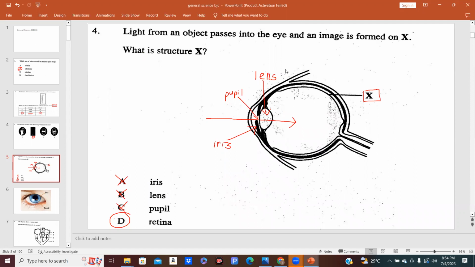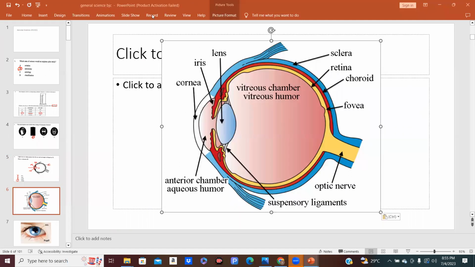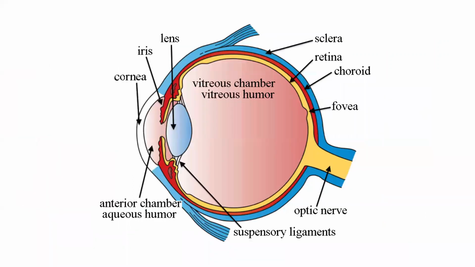By the way, if we were to do a diagram of the eye, this is how the eye would look if we were to cut it. Like I was saying, this part is the lens, right?